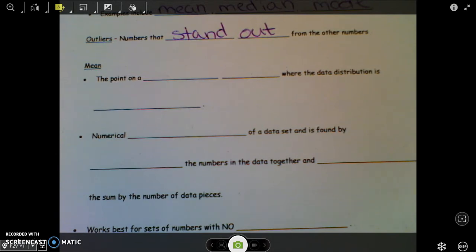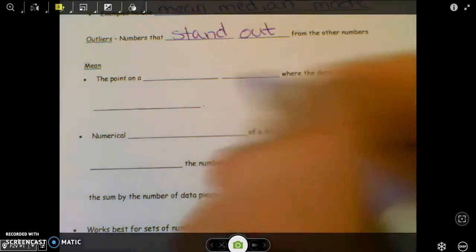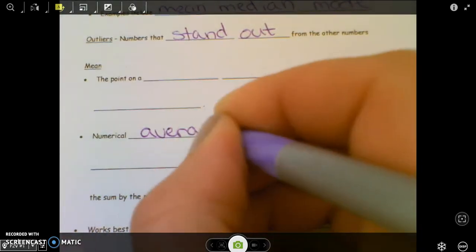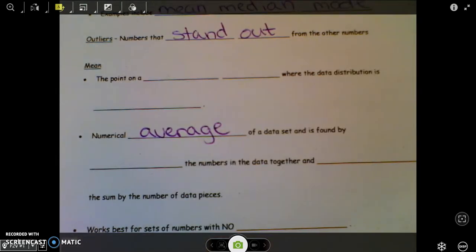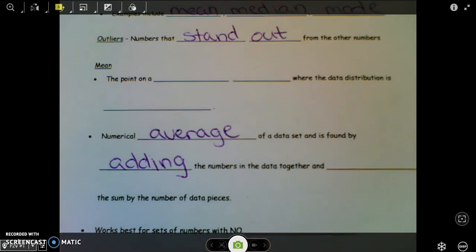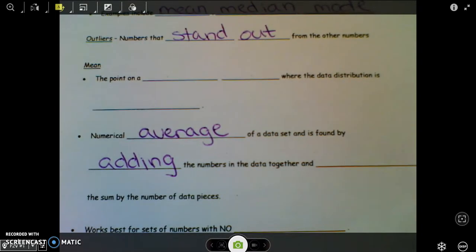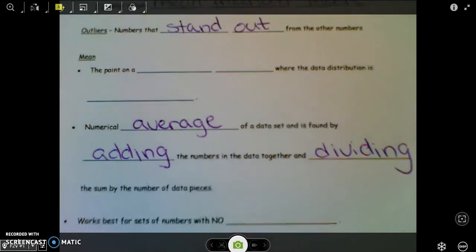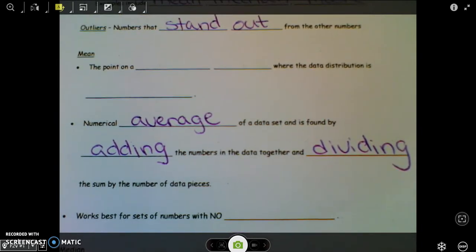So the mean is how you've probably heard of it, a numerical average of a data set, and is found by, if you're finding the average, like your test average, quiz average, the class average on something, adding the numbers in the data together and dividing the sum by the number of data pieces.